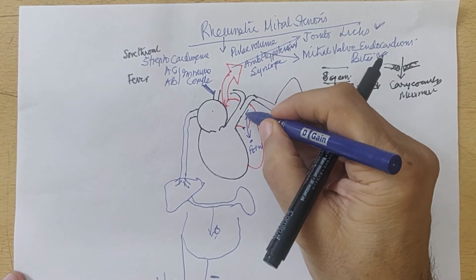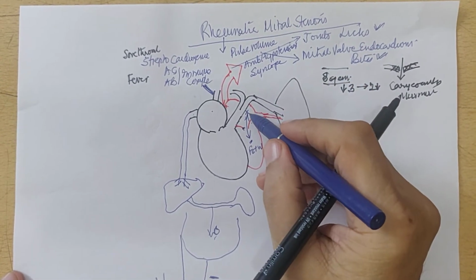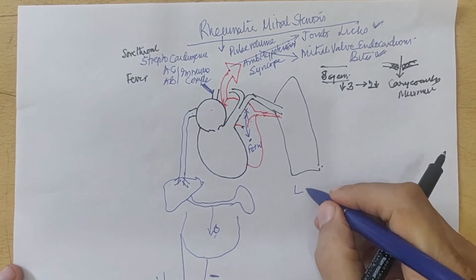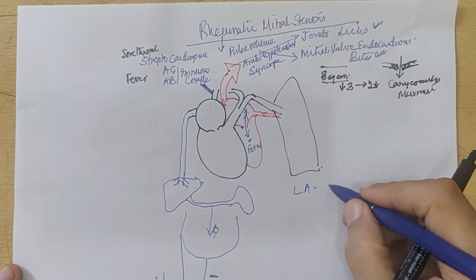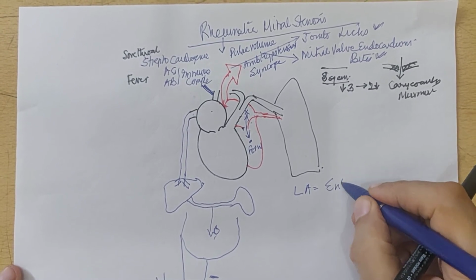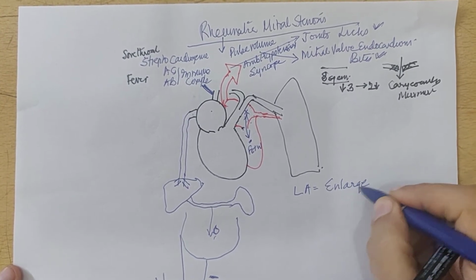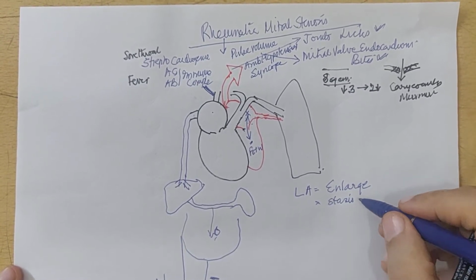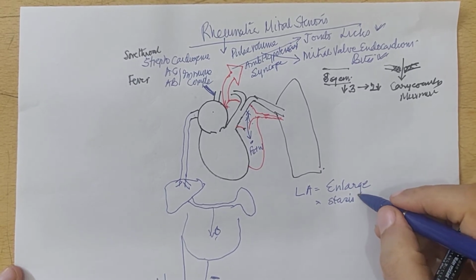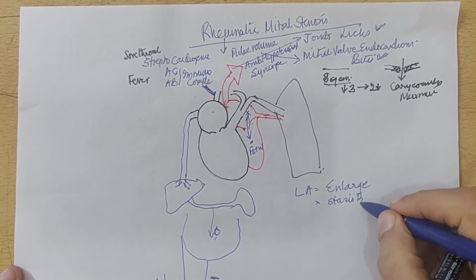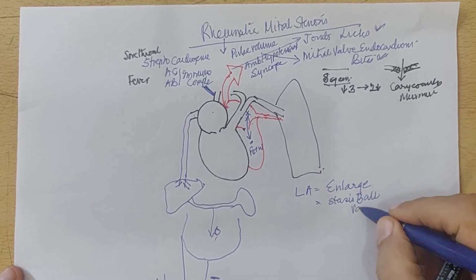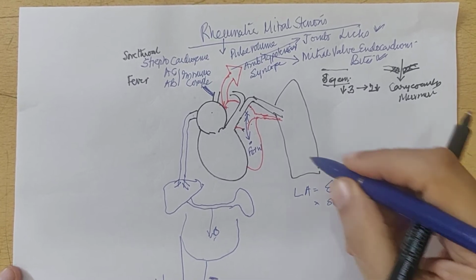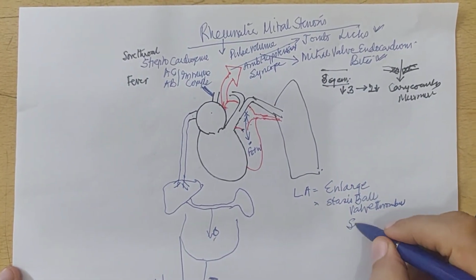Now you start considering the backward failure. So the first site to be affected will be the left atrium. The left atrium may enlarge. As there is stasis in the left atrium, there can be ball valve thrombus, and if the thrombus gets into the narrowed valve, there can be sudden death.